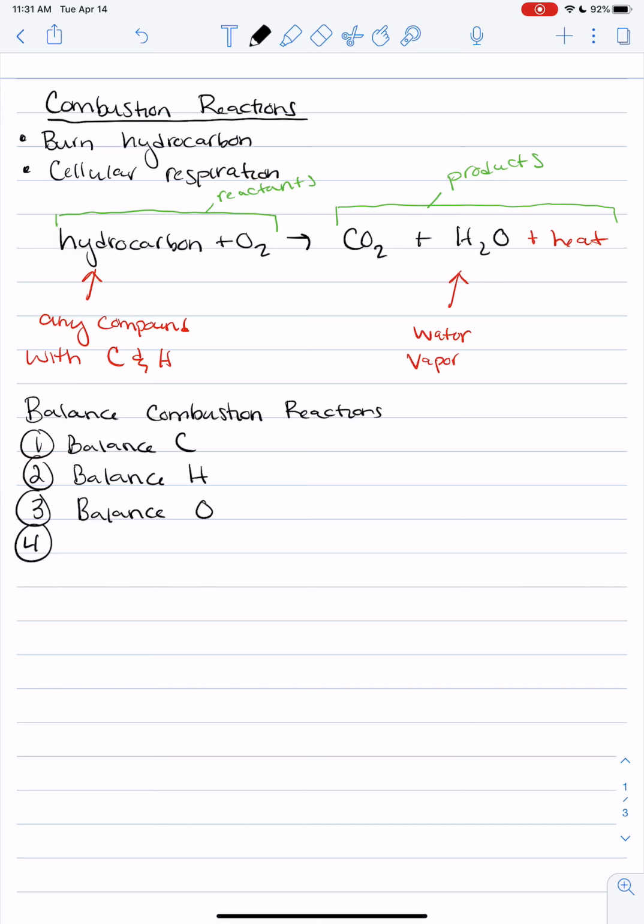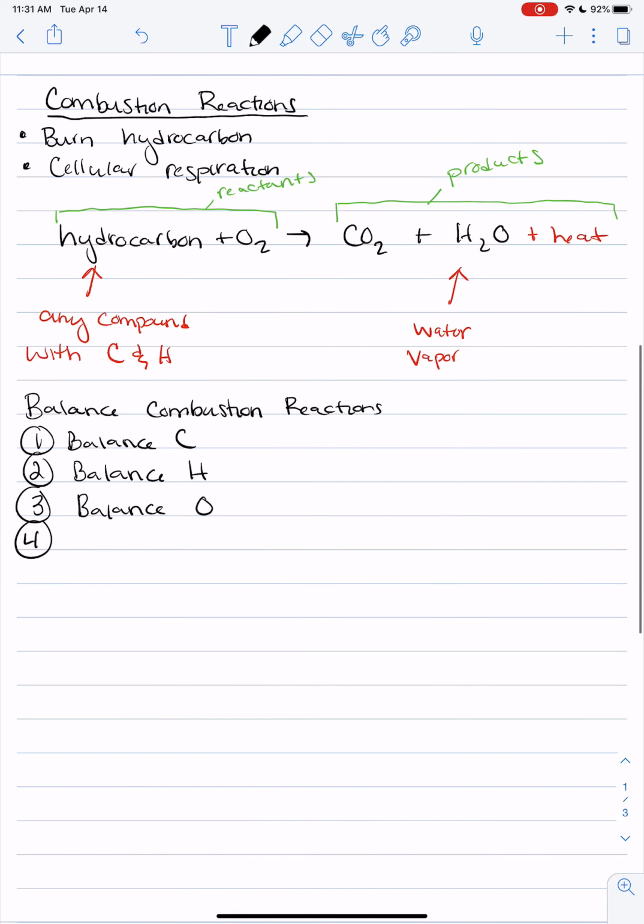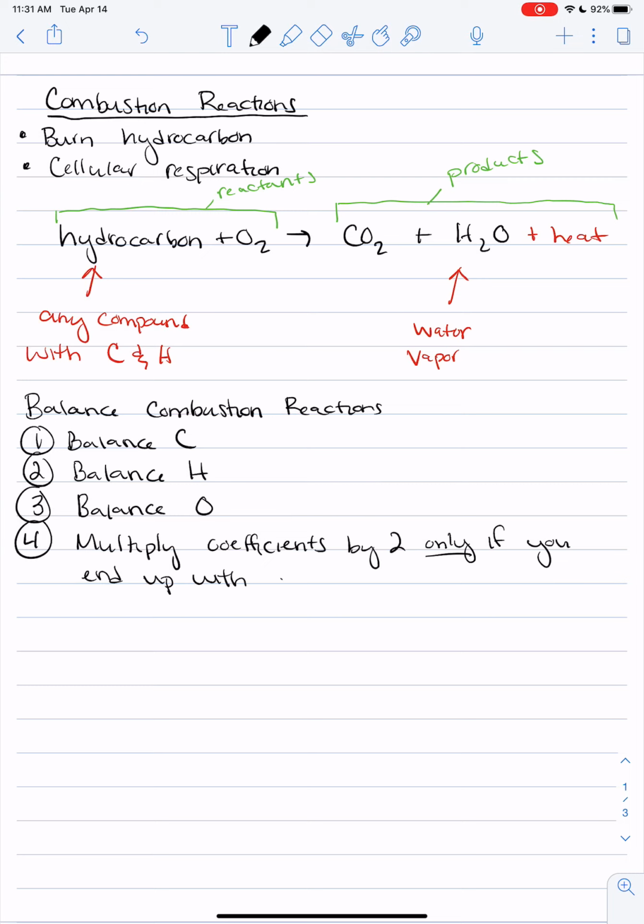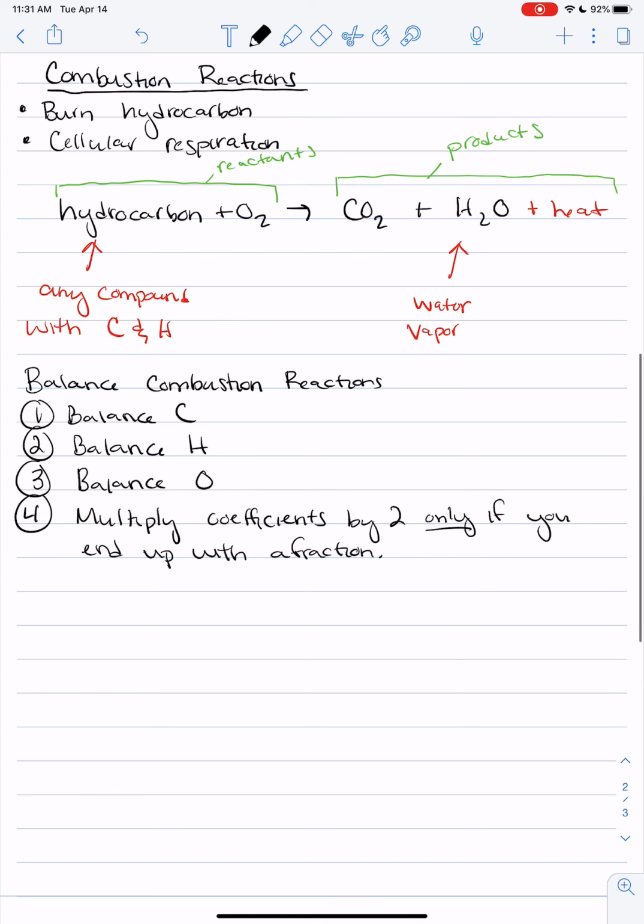And our last step is you multiply coefficients, those are the numbers in front, by 2. And you only have to do this if you end up with a fraction. So let's do an example so I can show you what I mean by that.